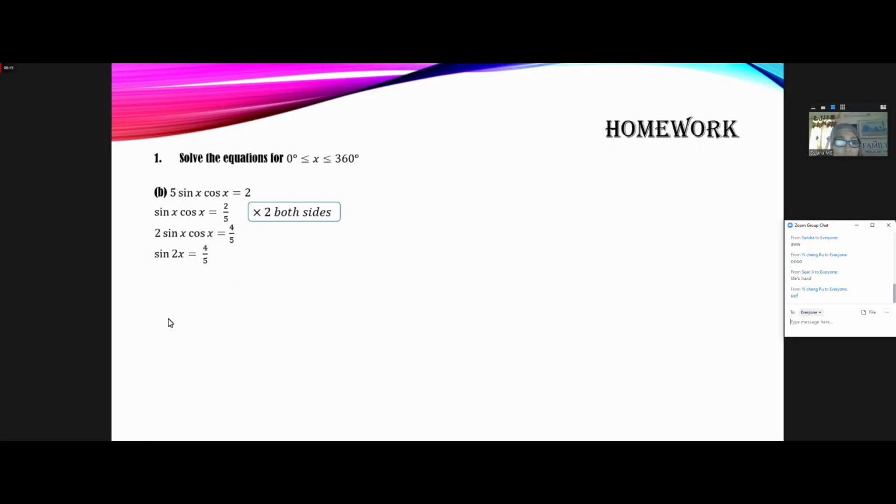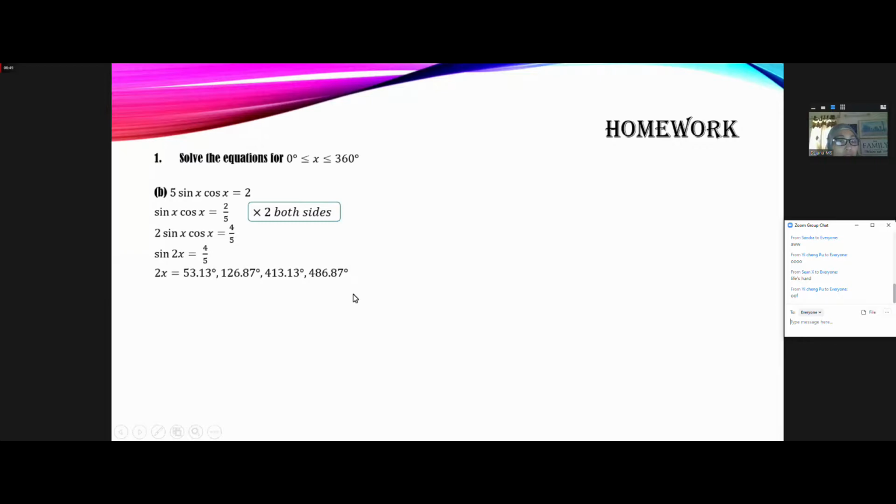So the reference angle, if you press your calculator, shift sine 4 over 5, is 53.13. So the first quadrant is 53.13, the second quadrant is 126.87. Remember 180 minus. The third answer is the second round: first quadrant second round, second quadrant second round.